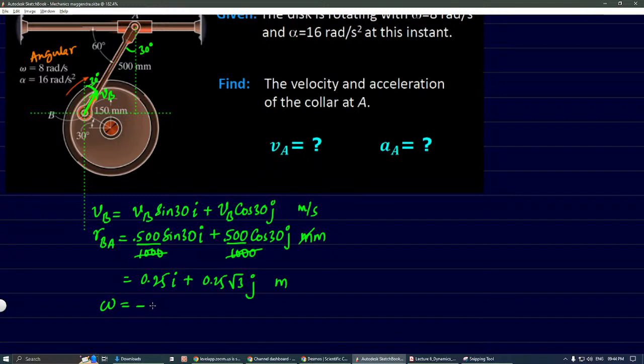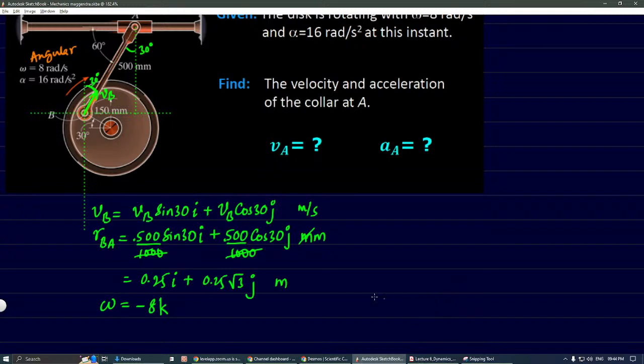So minus 8. Towards us means it will be k, the z direction.